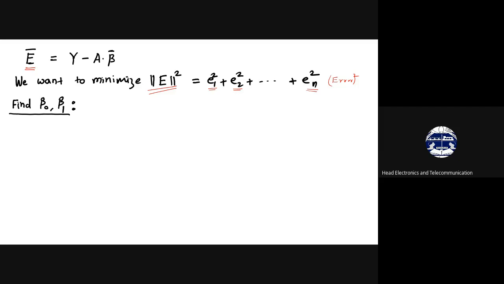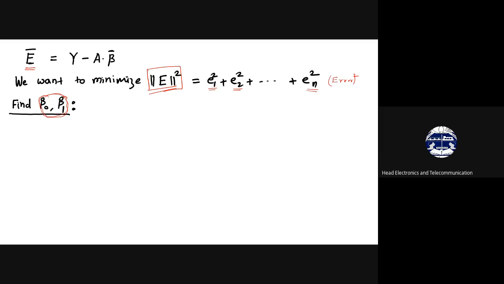Now we want to find out the values of beta 0 and beta 1. We want to minimize this squared error with the help of beta 0 and beta 1, so that my line is fit in a proper way.